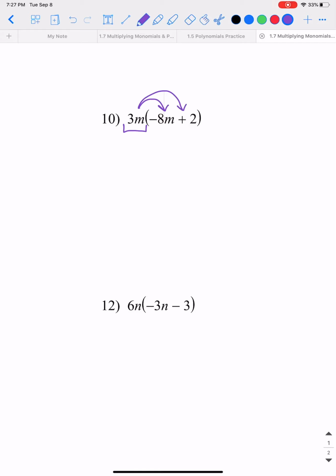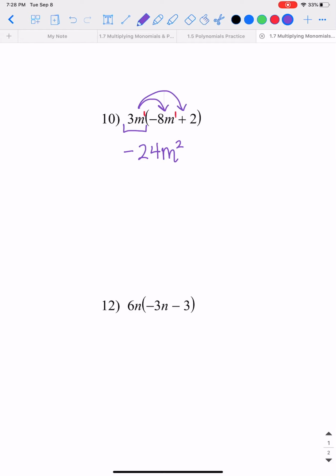We're going to multiply our coefficients, so 3 times negative 8 is going to give me negative 24. But now I have to multiply my variables and add the exponents that are attached to them. So remember, if I have just a letter, there's an imaginary 1 in the exponent there. So really, I'm taking m to the 1st times m to the 1st, and when we add those exponents together, we would get m squared.